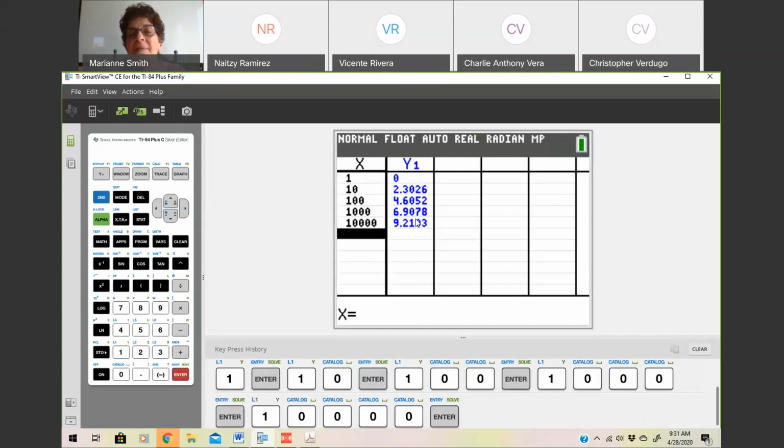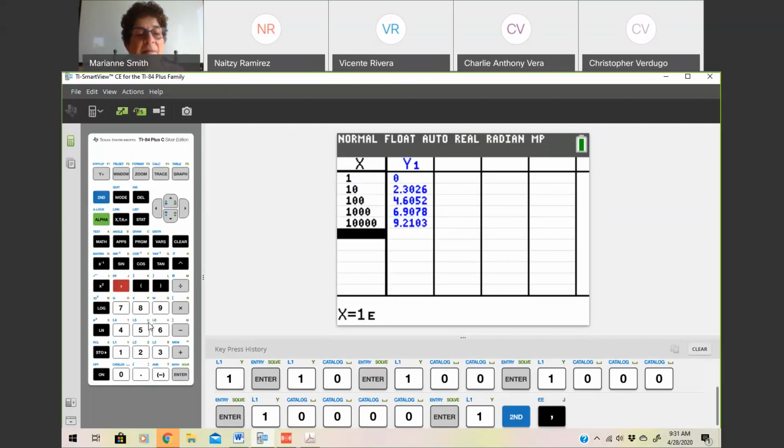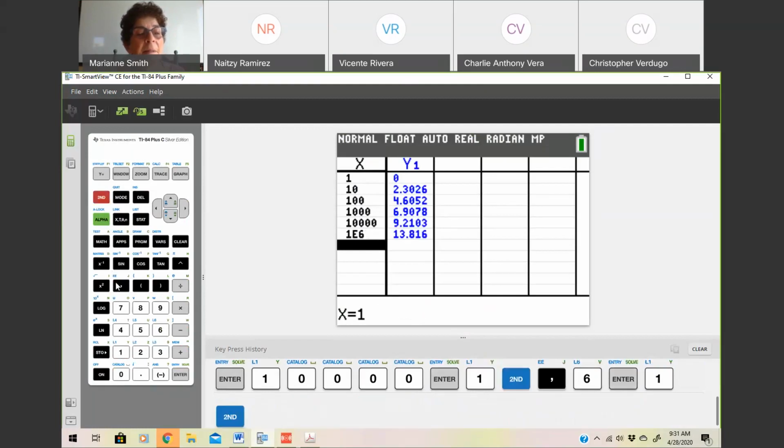What you want to notice is these numbers are not closing in on a value. They're just getting bigger and bigger and bigger. Let me see if I can do this in scientific notation. e to the 6th, that's a million. I'm up to 13. How about e to the 12th, it's a trillion.